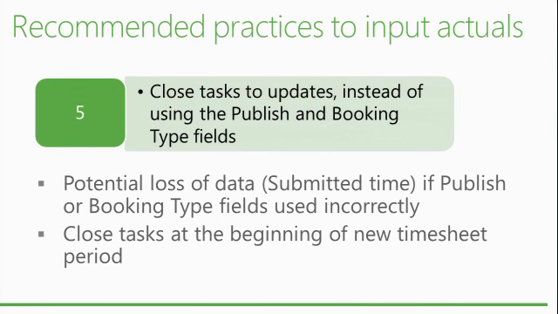And you have a way with views and options and filters to basically hide information that way. So if you decide to hide information or to prevent people from updating tasks, use the close task to update, as opposed to using these workarounds to hide things from the user, from PWA, or from views. All right. Yes?